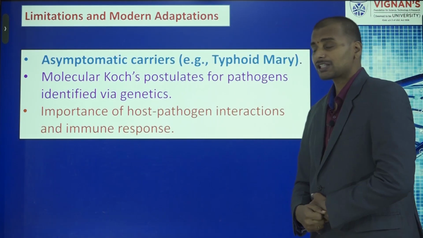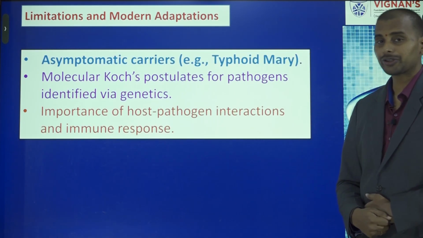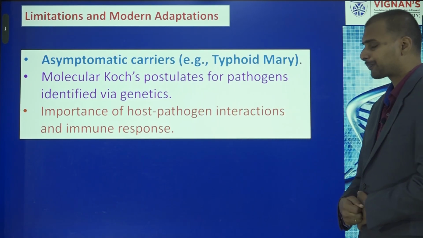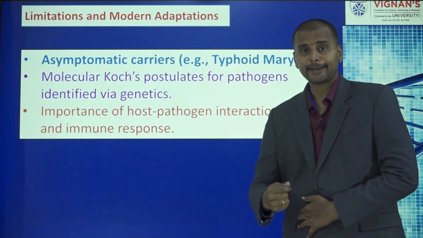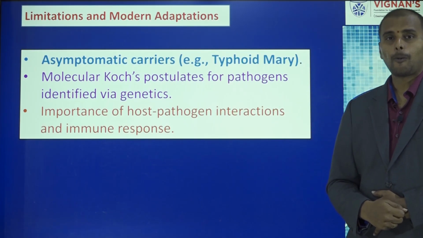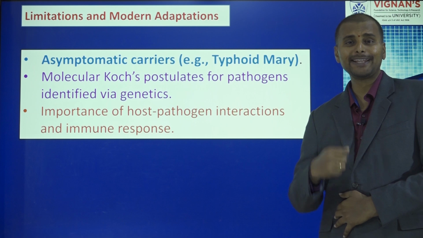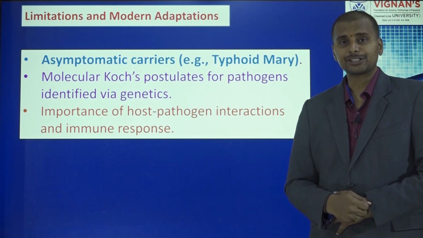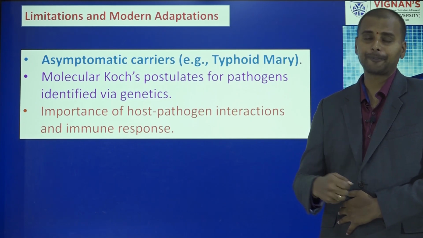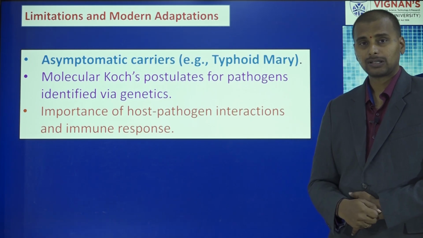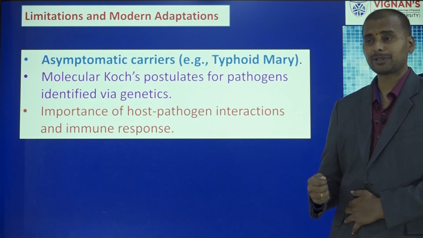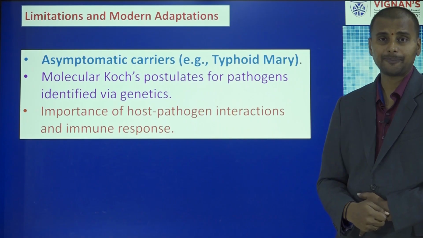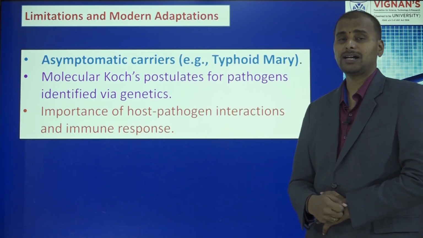So, the limitations and modern adaptations of the germ theory. Asymptomatic carriers: some people may carry the microorganism but not show any symptoms. The infectious agents may also be present in animals, where they may not show any symptoms, but if transferred to humans, they may cause the disease.